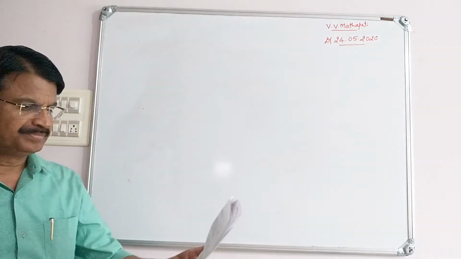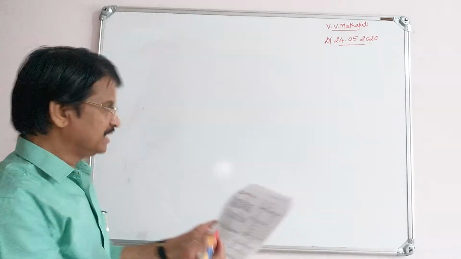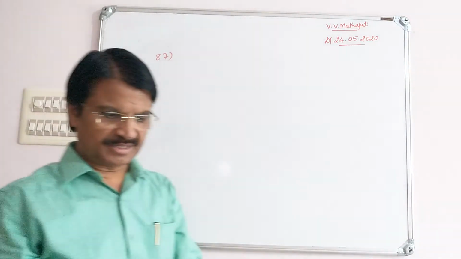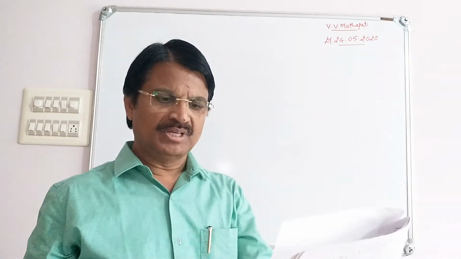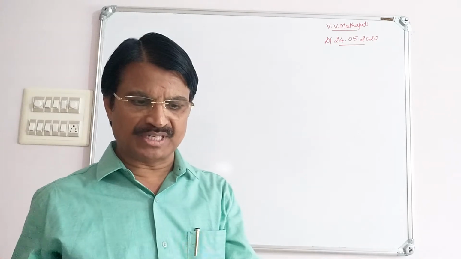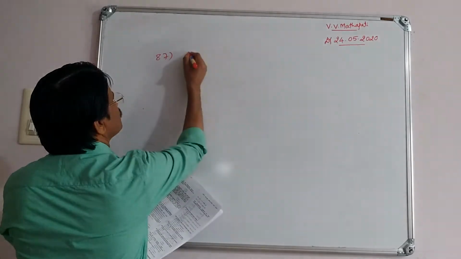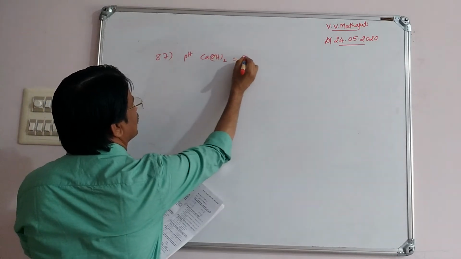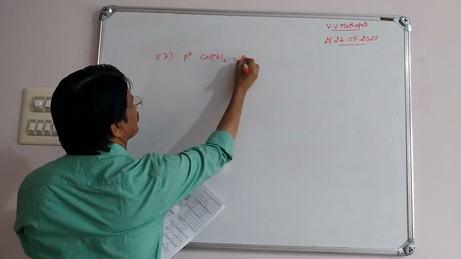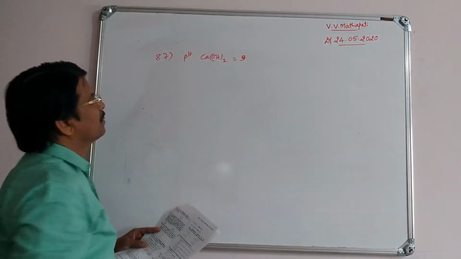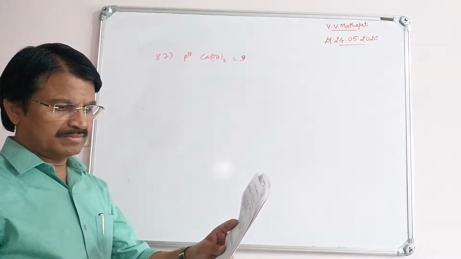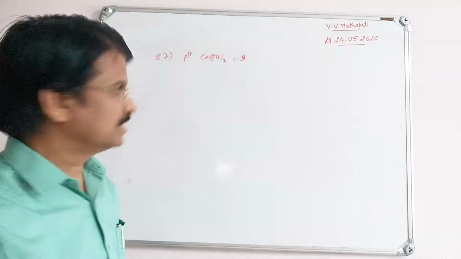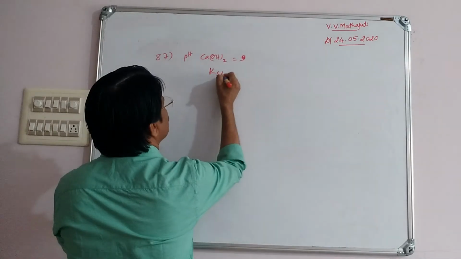In the practice paper, question number 87, they give the pH of a saturated solution of calcium hydroxide as 9. They are asking for the solubility product of calcium hydroxide, KSP equal to how much?